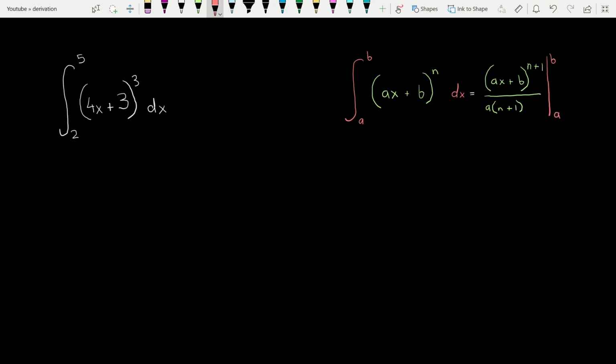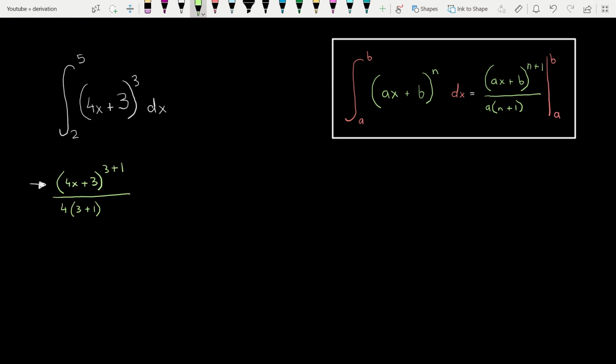So let's now try out this general form on our example. We can see that we had this general form of ax plus b raised to the power n. Ax was basically 4x, b was basically 3, and then they were raised to the power n. n in this case was 3.